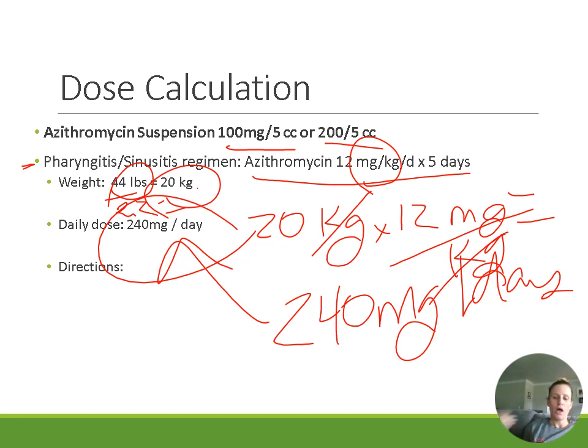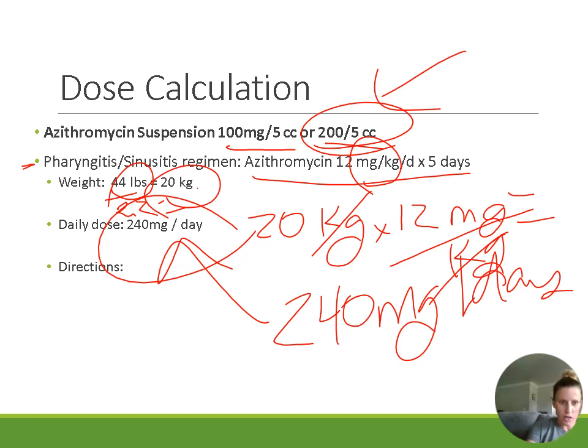So for our directions, we can't just say take 240 milligrams a day, because the mom is going to look at this bottle, where we're going to give the 200 per 5, and she's going to say, well, how much do I actually give? How do I get 240 milligrams? So we need to figure out how many mLs the mom actually has to give.